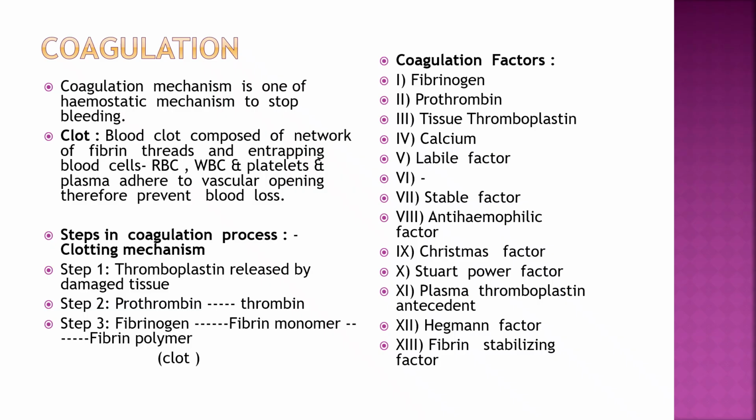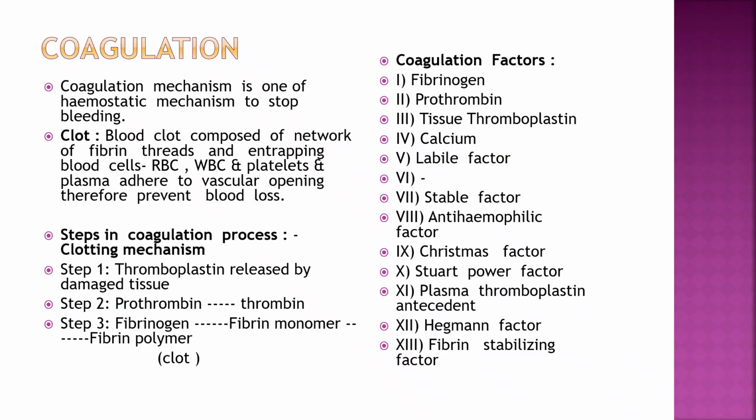Now we'll see coagulation factors. There are a total of 13, named by Roman numerals. First fibrinogen, second prothrombin, third tissue thromboplastin, fourth calcium, fifth labile factor, sixth name is not given, seventh stable factor, 8 anti-hemophilic factor, 9 Christmas factor, 10 Stuart-Prower factor, 11 plasma thromboplastin antecedent, PTA, 12 Hageman factor, and 13 fibrin stabilizing factor, that is FSF.